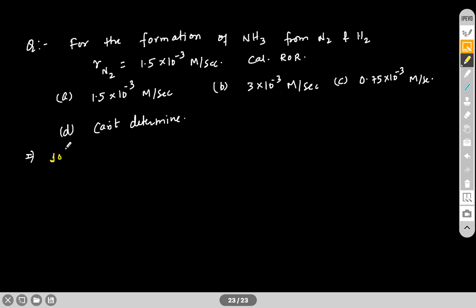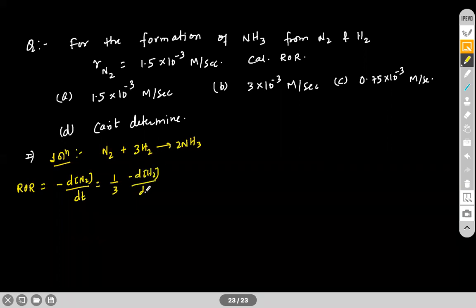What is the reaction we have here? This reaction we can write, and hence the ROR is what? Minus of dN2 by dt is equals to 1 by 3 of minus of dH2 by dt. And so on we can write for NH3 also.